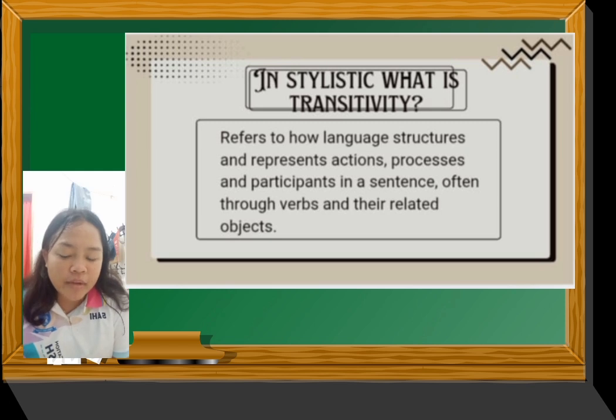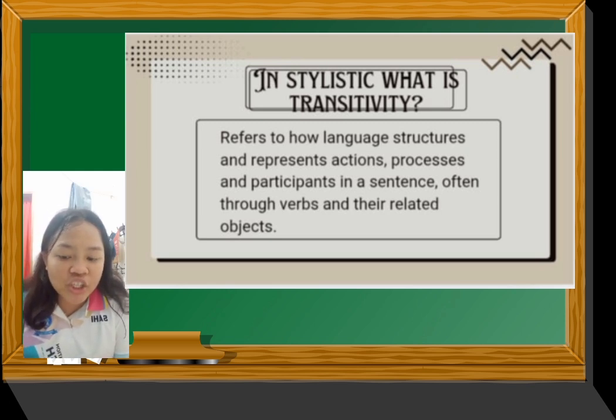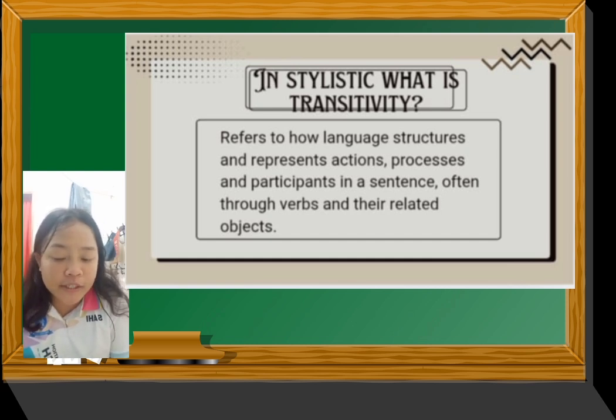Consider the following sentence from a novel: The old man wrenched the rusty gate open. This sentence uses a material process, wrench, to describe a physical action. The verb wrench implies a forceful, perhaps even violent action, which can reveal something about the character's personality or the situation's intensity.